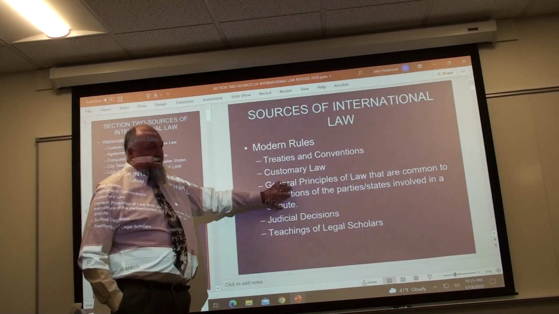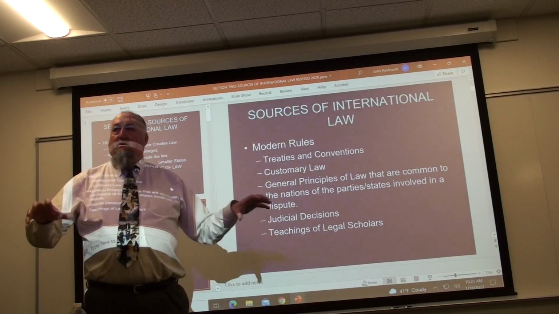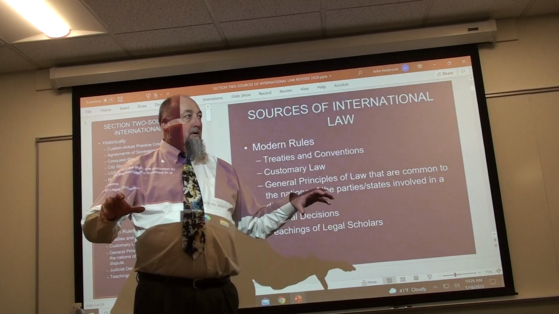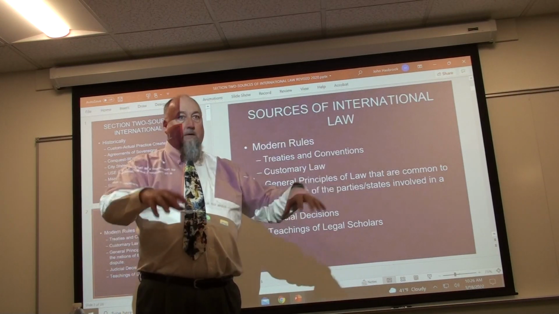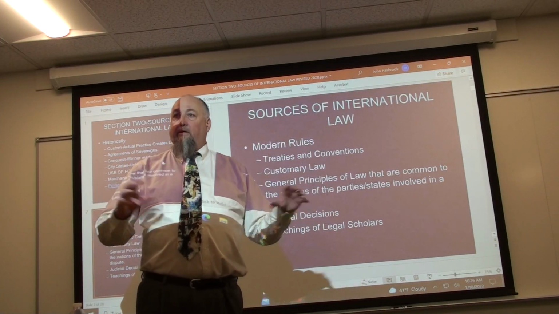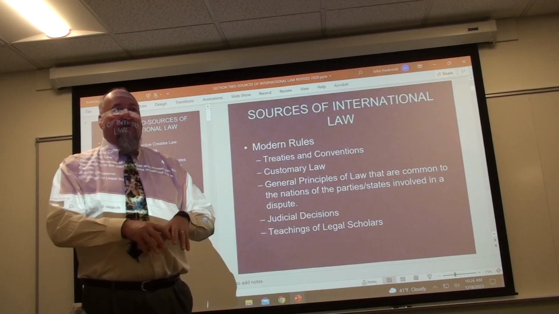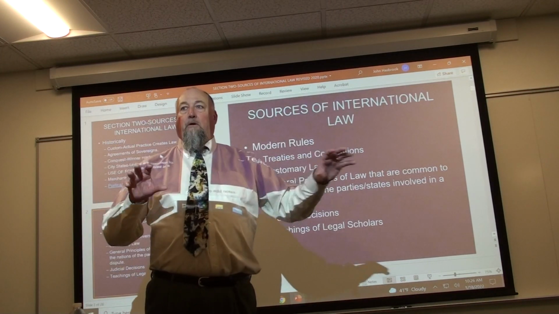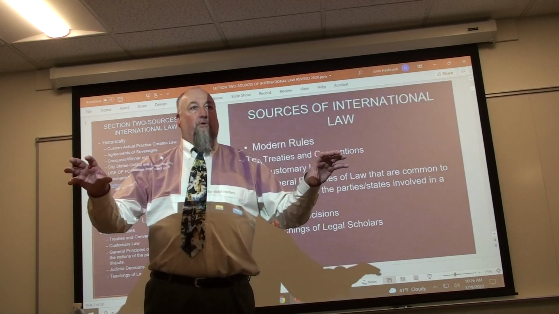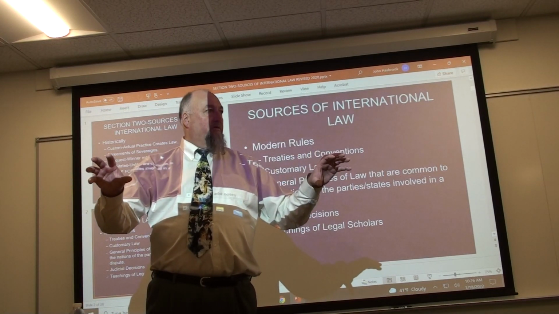And if both countries domestically have those rules that apply to their own people, then a court internationally is going to apply those rules in the international dispute, because each country has basically the same rules domestically. Does that make sense?